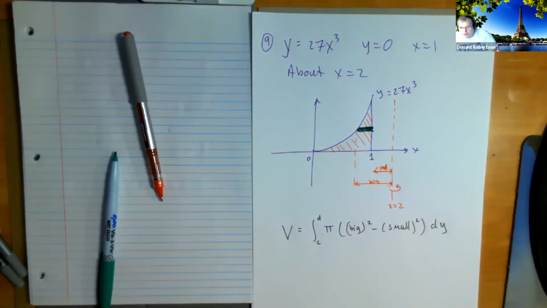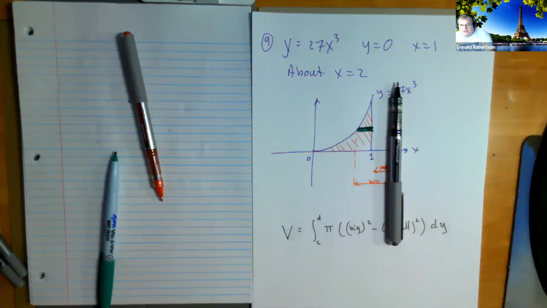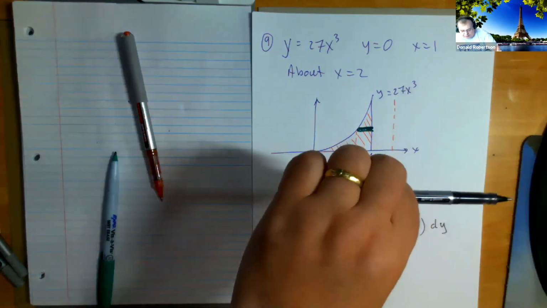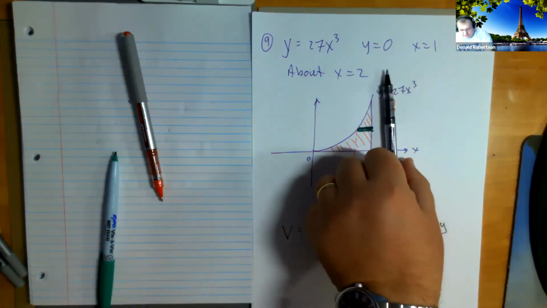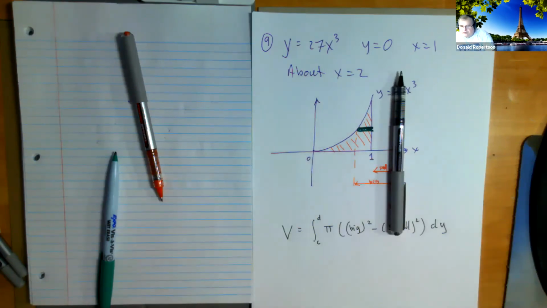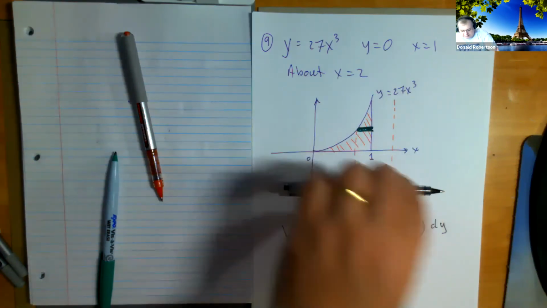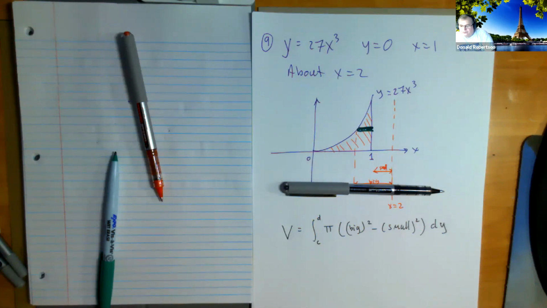When you do the disk method, if the axis of rotation, that's where my pen is, is vertical, it's dy. When the axis of rotation is horizontal, it's dx. So for the disk method, axis of rotation vertical, dy; axis of rotation horizontal, dx. When it's the shell method, switch those two around.